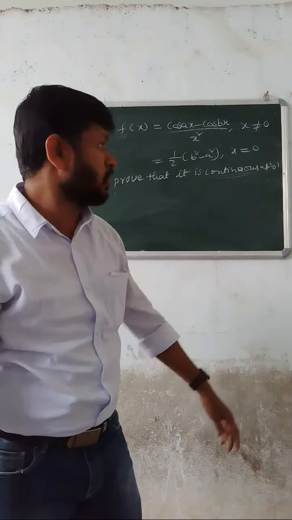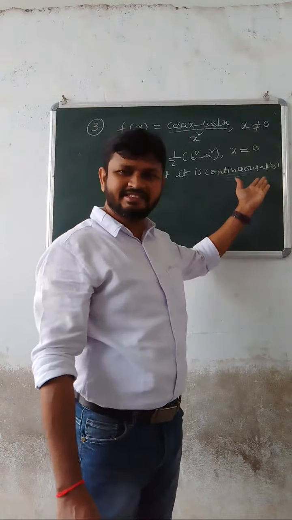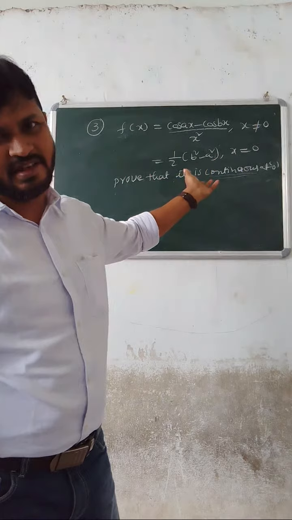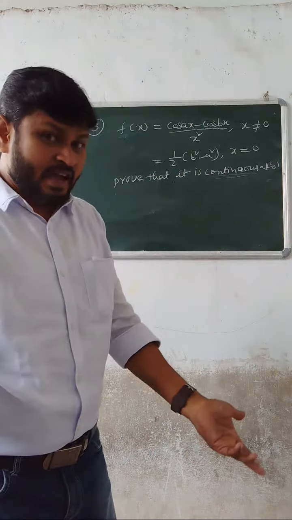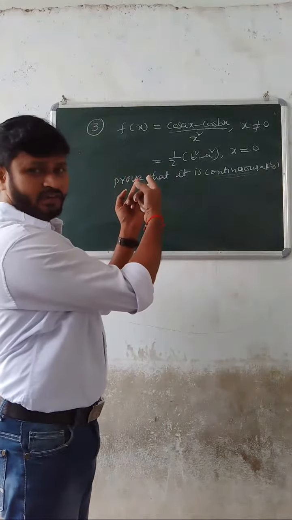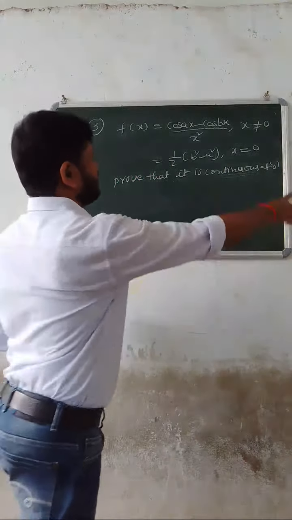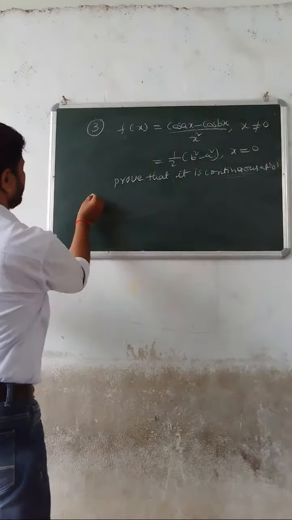But there is no use here, because greater than and less than is not in the question. That's why there is no use of right hand limit and left hand limit. Then we will directly go for the limit at 0.